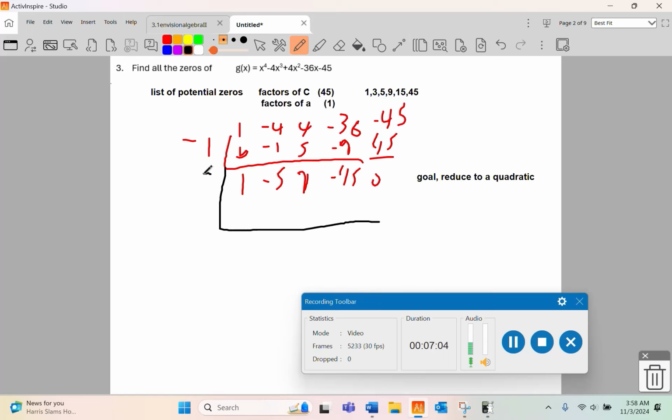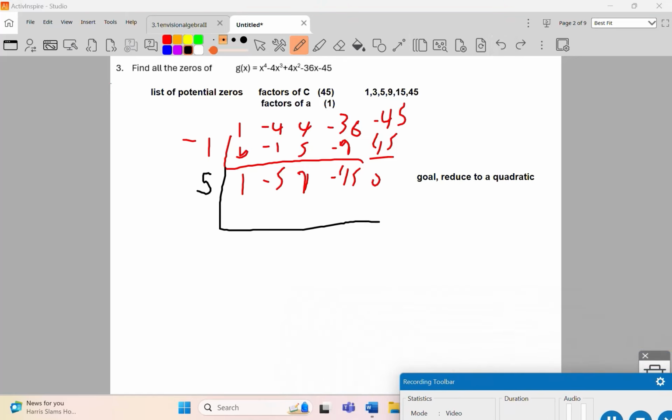But anyways, since I got my 0, I'm going to do a 5 next, all right? And I'm still going to drop the 1. Let's get this guy out of the way here. I'm going to drop the 1. 5 times 1 is 5. -5 and 5 makes 0. 5 times 0 is 0. 7 plus 0 is 7.